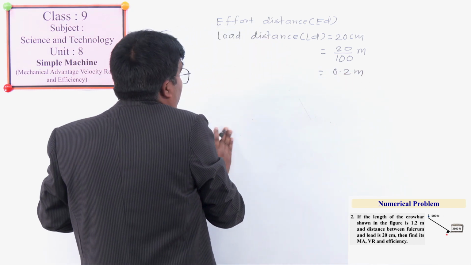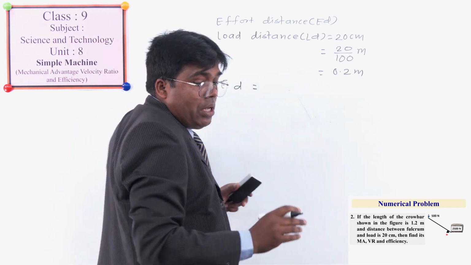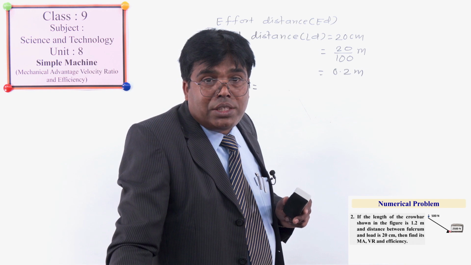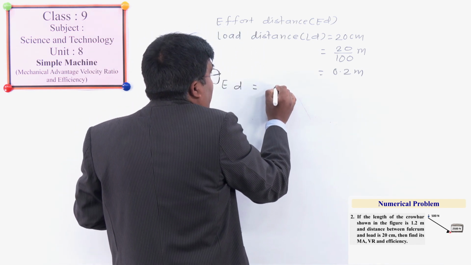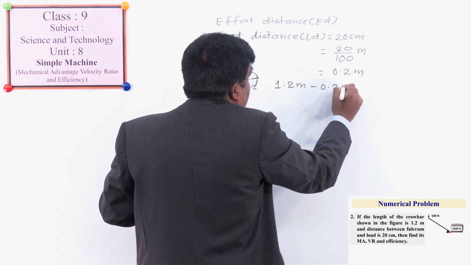Now moving to effort distance, ED equals how much? Just see here: total length is 1.2 meter and this is 0.2 meter. So the length between fulcrum and effort is 1.2 meter minus 0.2 meter. Am I right?